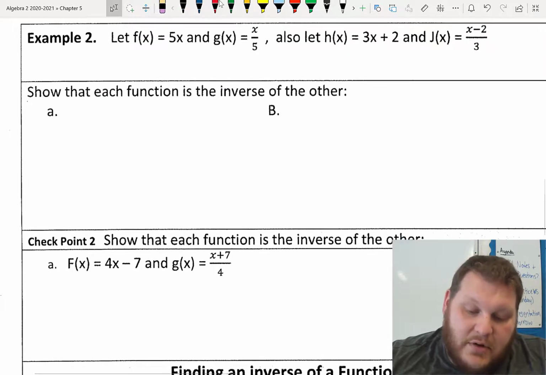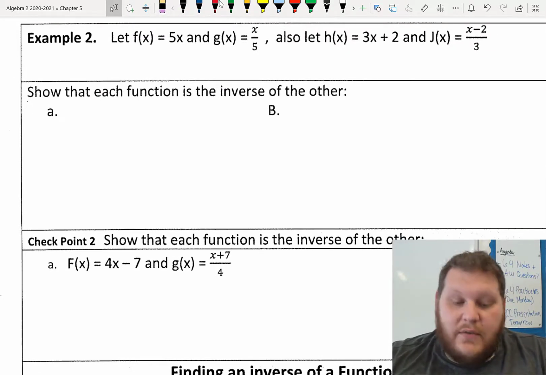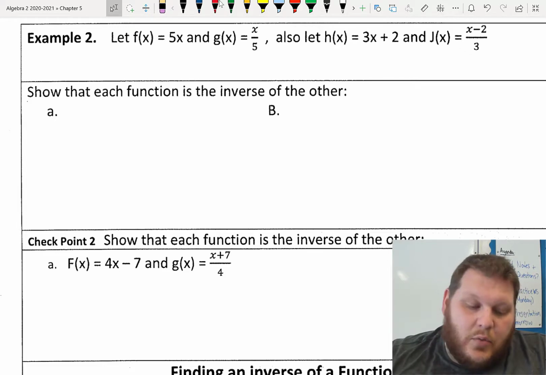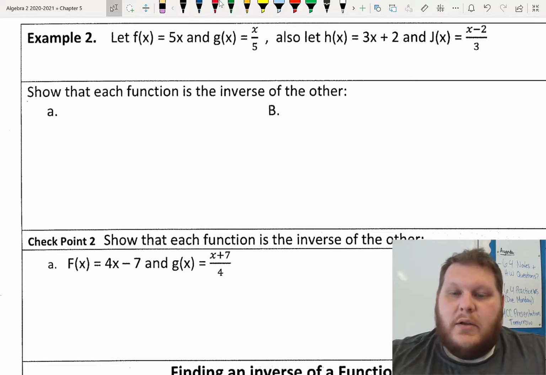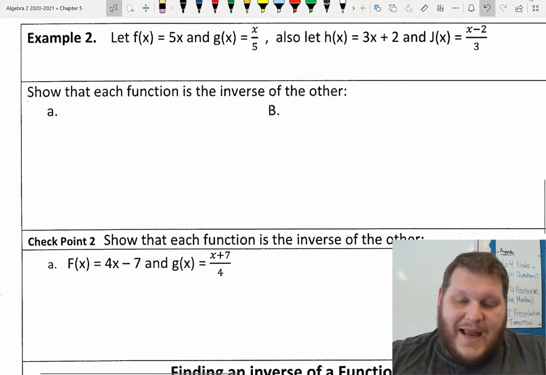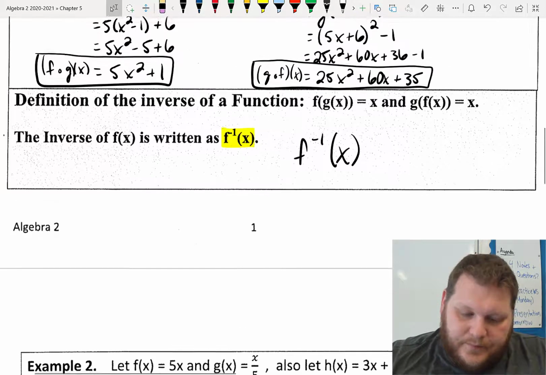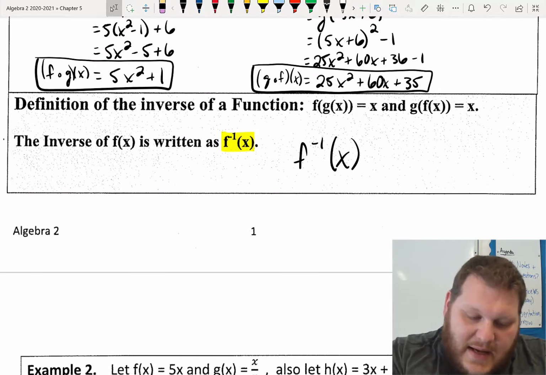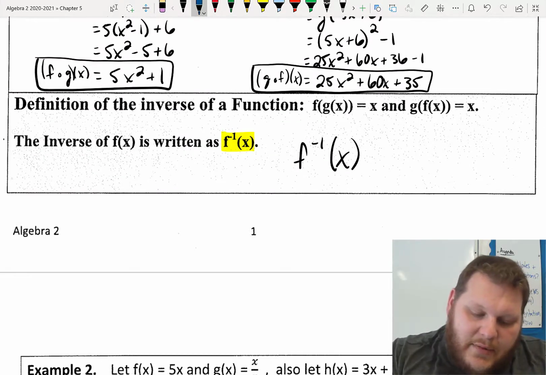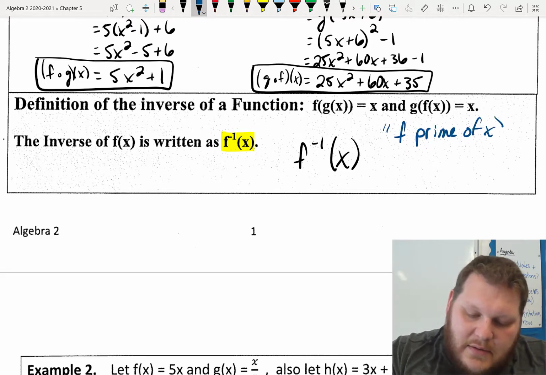So first thing we're asked to do is identify if two things are inverses of each other. Again, we're going to check to see if one composed in the other gives me just x, and the other direction also forms the same thing. The way I would say this symbol here, we can say this is f prime of x, or f inverse of x.